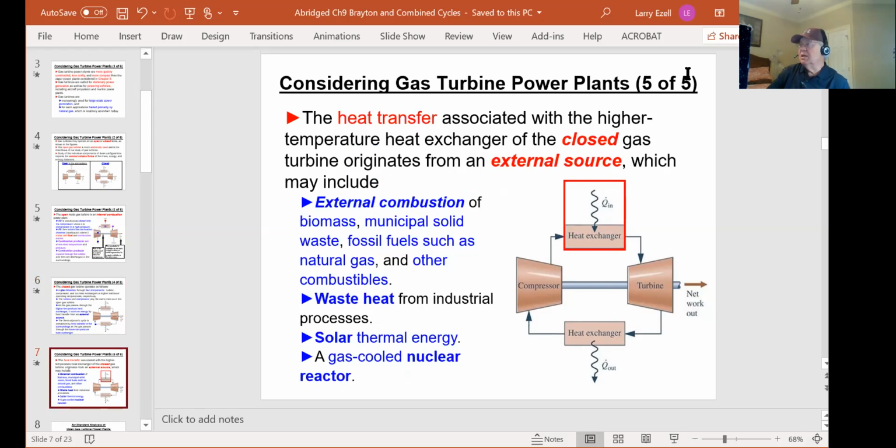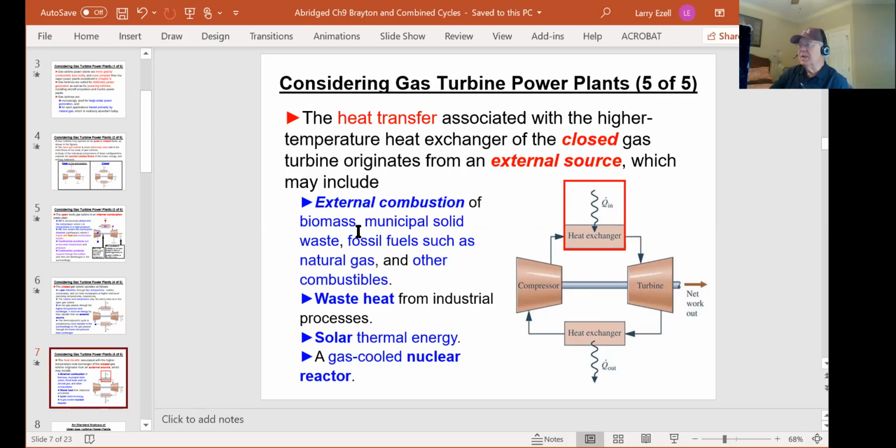Now this is the gas turbine power plants, sheet 5 of 5. The heat transfer associated with the higher temperature heat exchanger of the closed turbine originates from an external source, which may include external combustion of biomass, almost any kind of gas, because you're just using the gas to generate heat. It's not like an internal combustion engine.